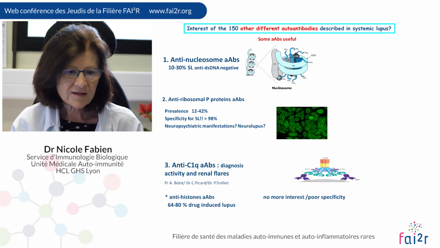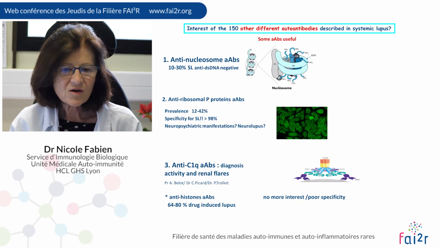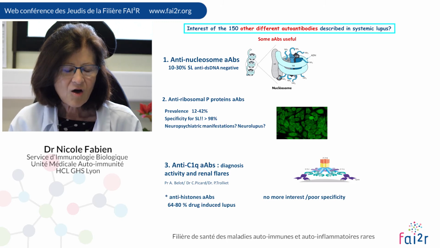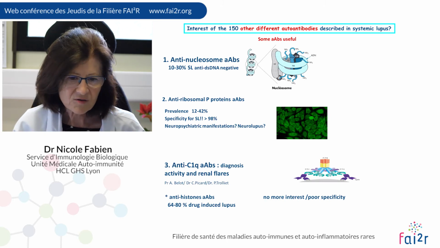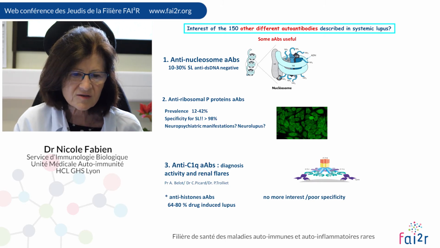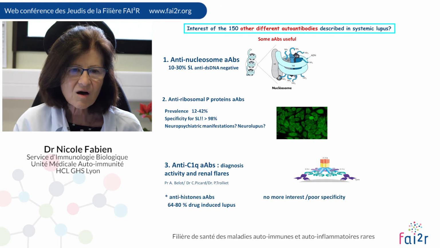The third one is anti-C1q antibodies, with a real interest in the activity and renal flare, both in pediatric and adult patients. As for anti-histone antibodies, forget them because they are no more interesting. They give a poor specificity, so don't ask anymore for those antibodies.